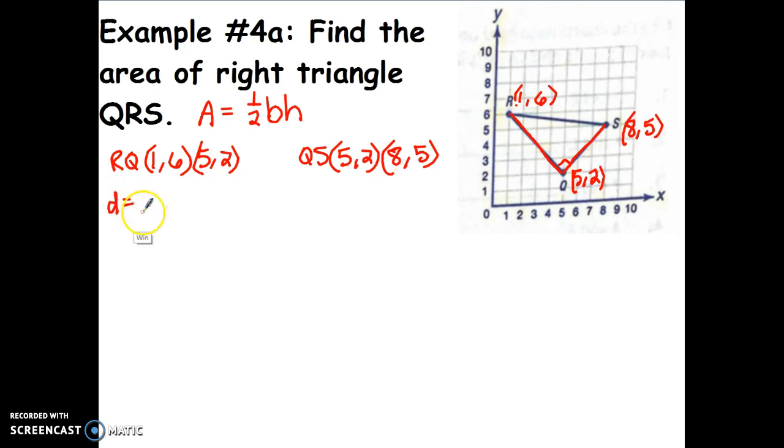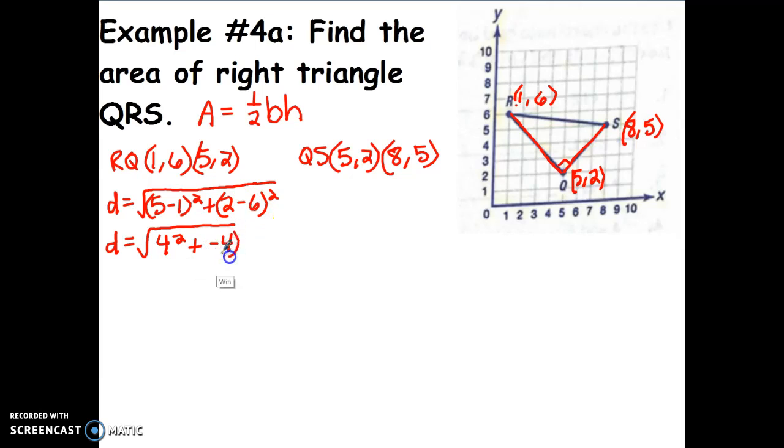So again, I'm at the point where I feel like I'm a pro, so I'm not going to actually write down my formula. I'm just going to go ahead and plug everything right in. So we got 5 minus 1 squared plus 2 minus 6 squared. D equals 5 minus 1 is 4, and 2 minus 6 is negative 4 squared.